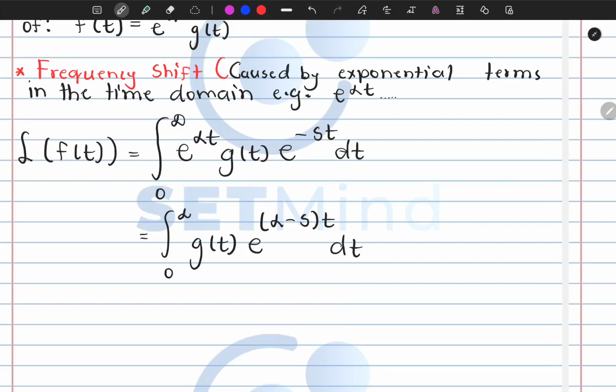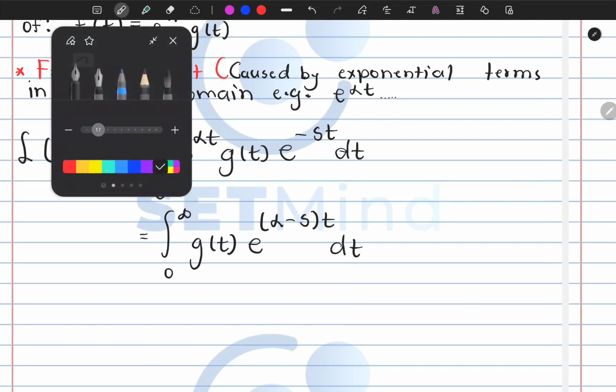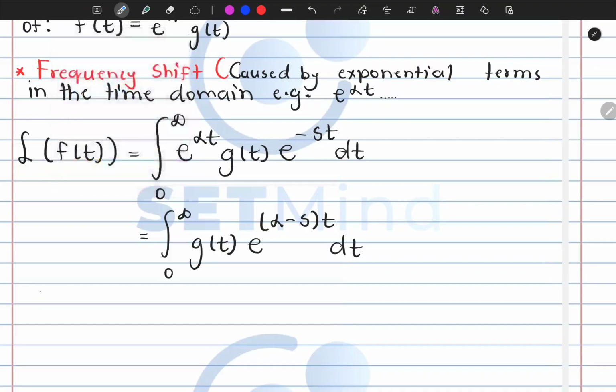And if you think of what has happened here, we can easily change the domain further. For example, we can let W be equal to... remember that what we are trying to find is the Laplace transform.